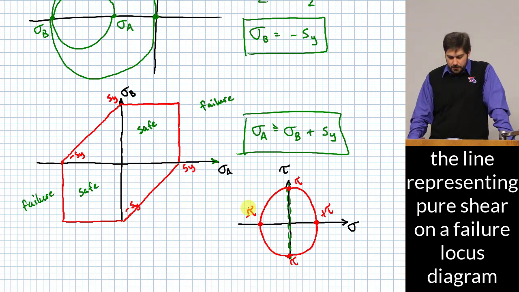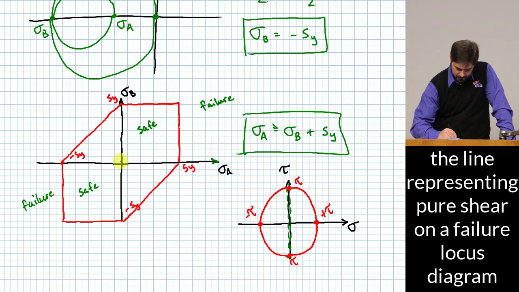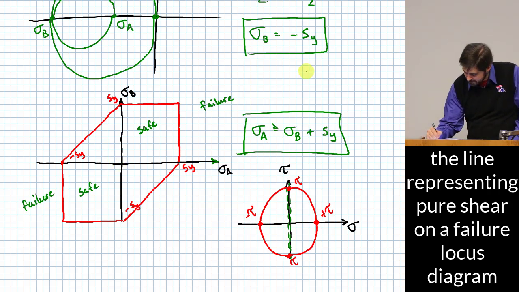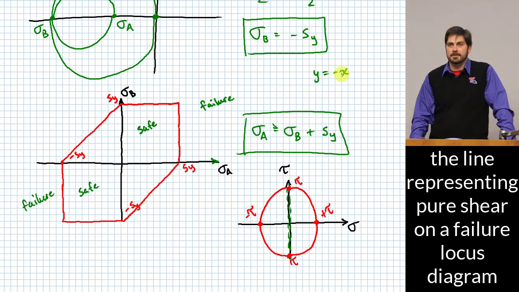So if one of the principal stresses is equal to the negative of the other, what line does that draw on this sigma A, sigma B set of axes? It's similar to basically saying, what if y is equal to negative x? So what line would we see on there?